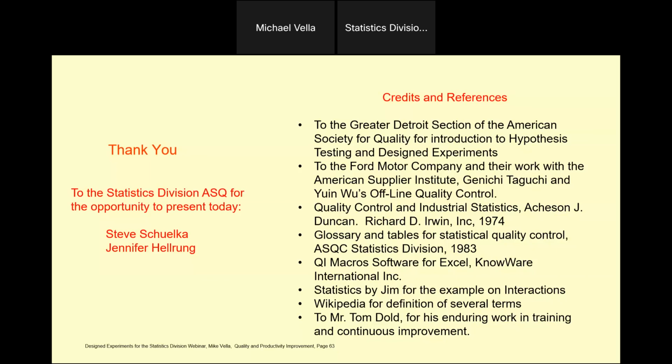You don't want to choose two levels of a factor that are very close to each other, because you want to be able to tell if that factor makes a difference. So select the range to be as wide as possible without making scrap.